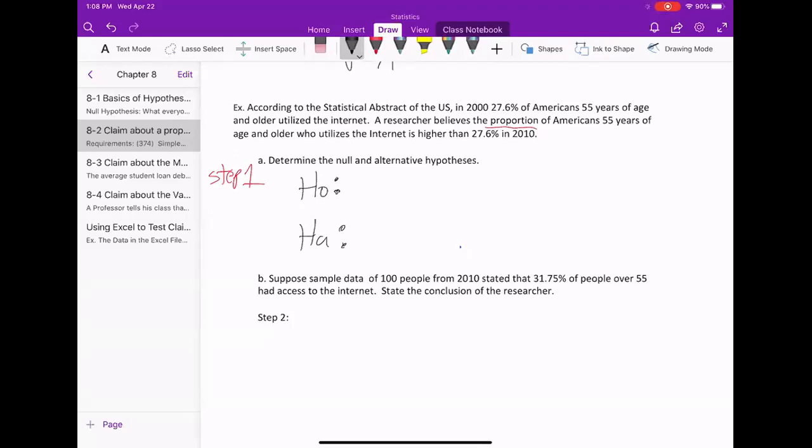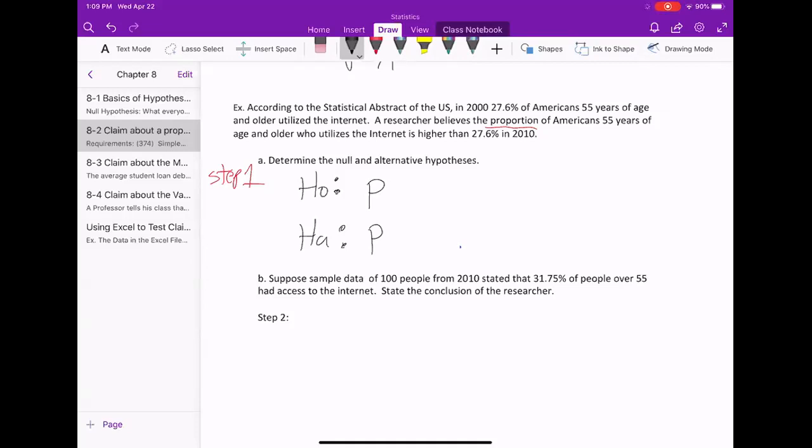What is the symbol for proportion? Our friend the P? Yes. So we have our proportion P. There's our symbol because it's a proportion problem, right? If you forget this, again, go to your little symbols chart.